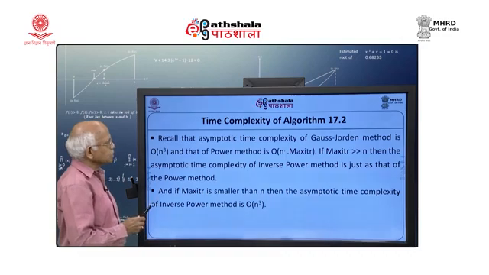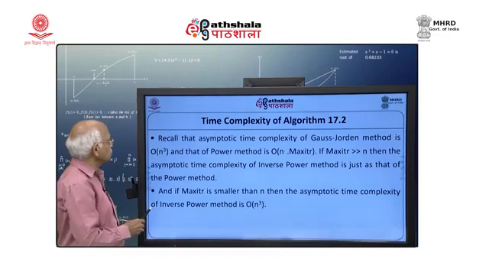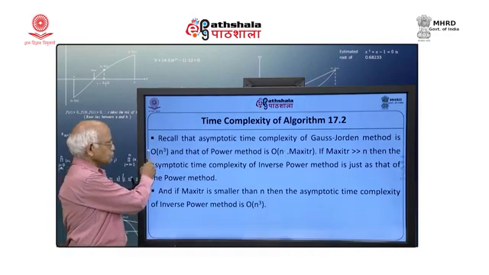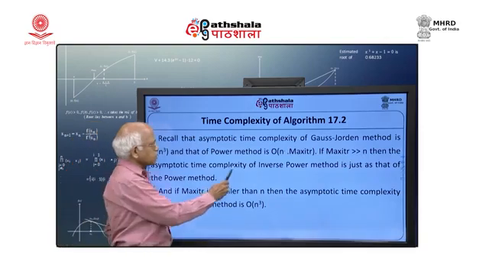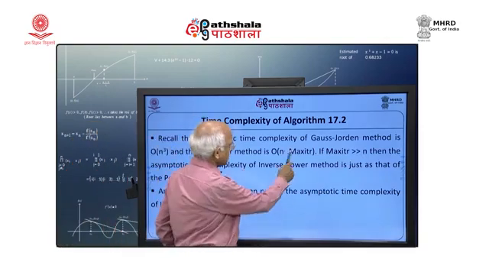Recall that the asymptotic time complexity of the Gauss-Jordan elimination method is order n cube. We already discussed that earlier, and that is not going to change much. That of the power method is order n square into max iter.